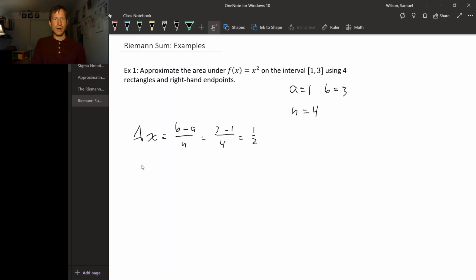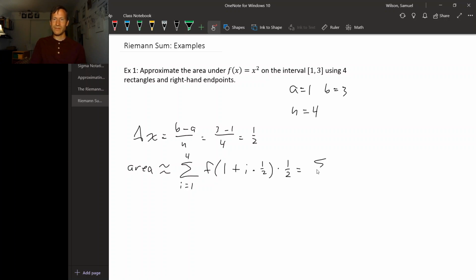So our approximate area is approximately the sum from i equals, since we're using right-hand endpoints, we're going to start at 1 and go up to n, which is 4. And it's f of a, which is 1, plus i times delta x, and delta x we worked out is a half, times delta x, which again is a half.